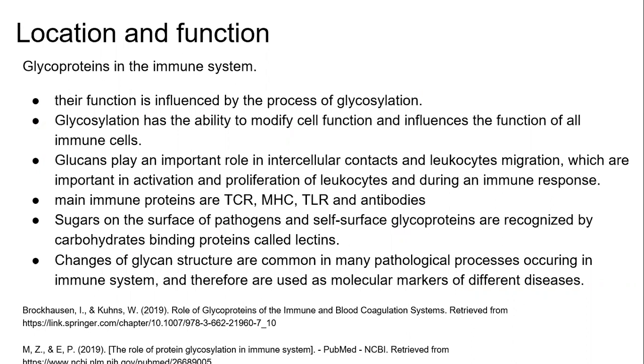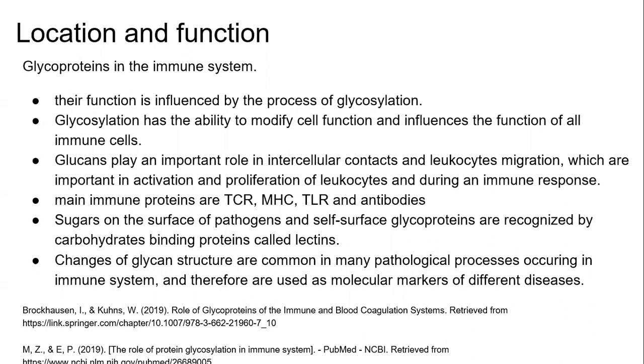Glycoproteins in the immune system, their function is influenced by the process known as glycosylation. Glycosylation has the ability to modify cell function since it is able to modify proteins. Glycosylation influences the function of all immune cells.